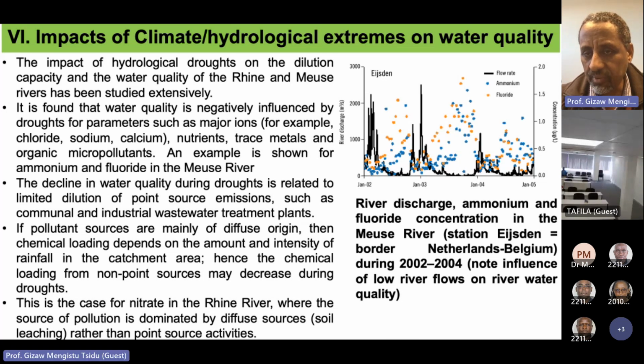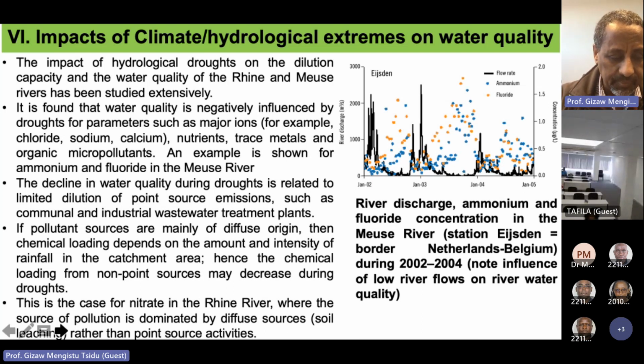Whereas during low flow, you see the peak in fluoride, which is the orange scatter points, and ammonia is blue. You see minimum flow, maximum heavy metals here.